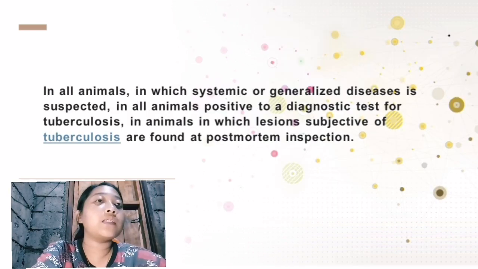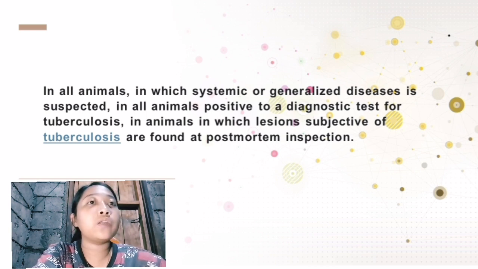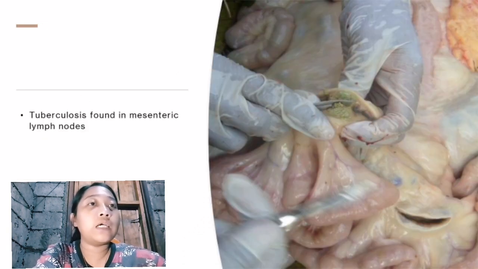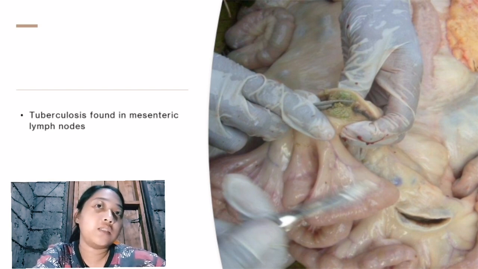In all animals in which systemic or generalized disease is suspected, in all animals positive to a diagnostic test for tuberculosis, in animals in which lesions suggestive of tuberculosis are found at postmortem inspection. So this is the example of the tuberculosis that has been found in mesenteric lymph nodes of the animal. So this is the tuberculosis.